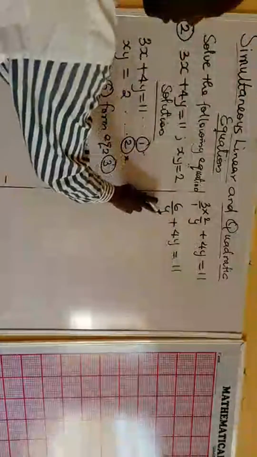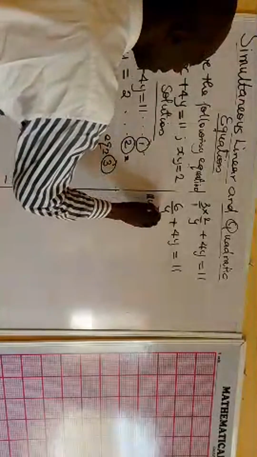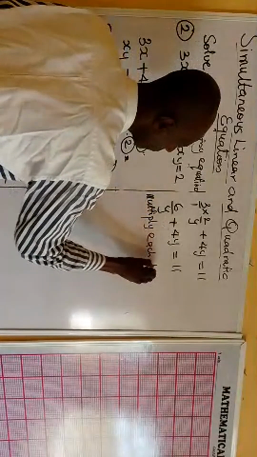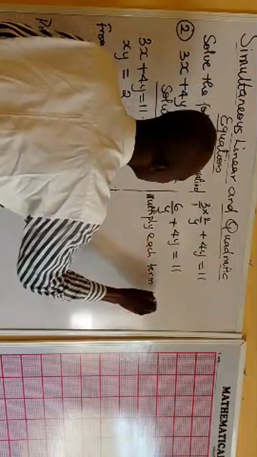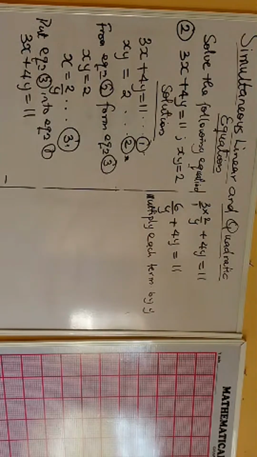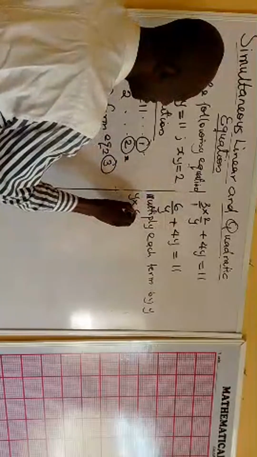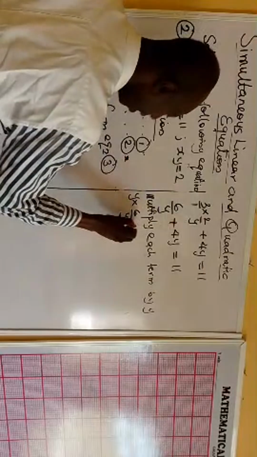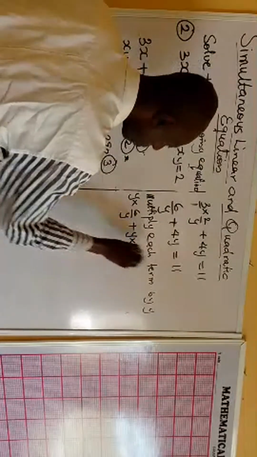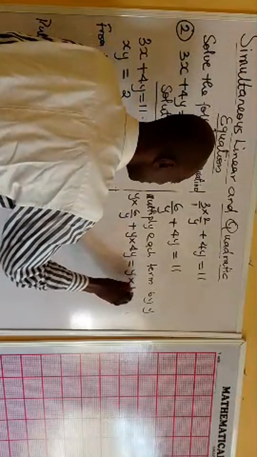Then what is the denominator? The denominator here is the LCM of all. So multiply each term by y. Take note, multiply each term by y. Here is now y times 6 over y plus y times 4y is equal to y times 11.